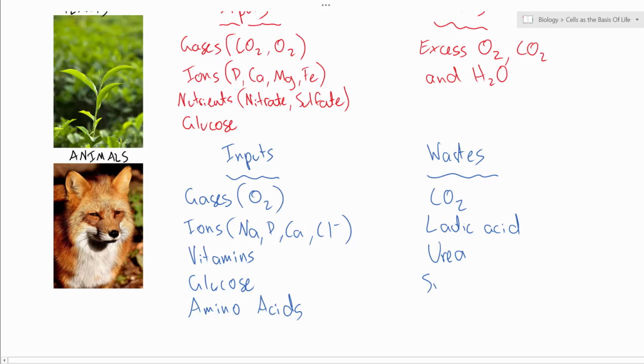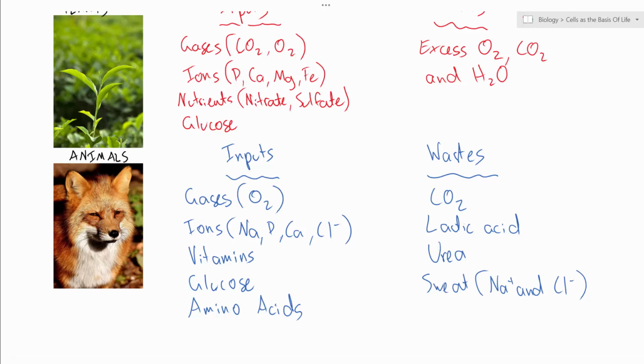And finally, within sweat itself, we get some waste products such as sodium and chloride ions, which aren't required. So sweat can remove some of those from the body if it's an animal that sweats. Not all animals have the capacity to sweat, but a human, for example, can get rid of sodium and chloride ions that we don't need through sweating.